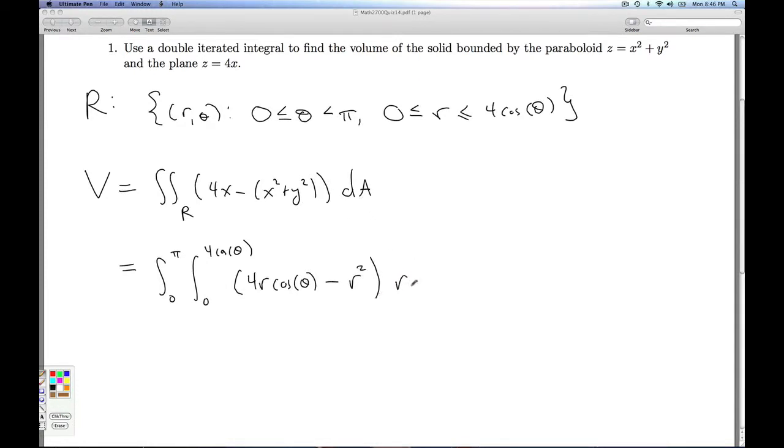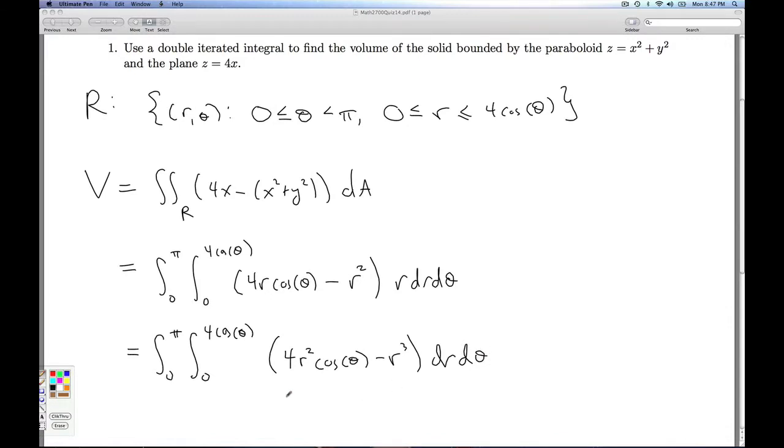And the dA, remember, is r dr d theta. So this is the integral from 0 to pi, integral from 0 to 4 cosine theta. Multiply the r through here, and we get 4 r squared cosine theta minus r cubed dr d theta. So this is the double integral we're going to evaluate to find our volume.